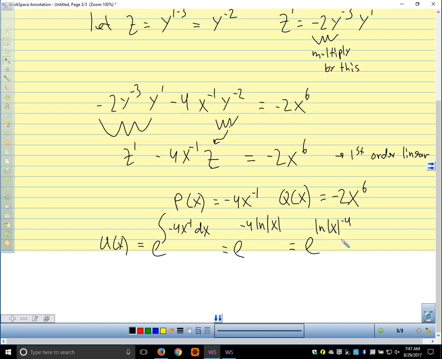And just like we talked about yesterday, we can drop that absolute value because we're multiplying both sides of the equation either by a positive or negative quantity, so the sign doesn't matter. And I'm going to say x to the minus 4. Drop the absolute value.